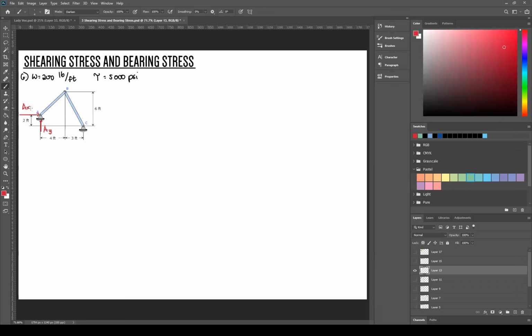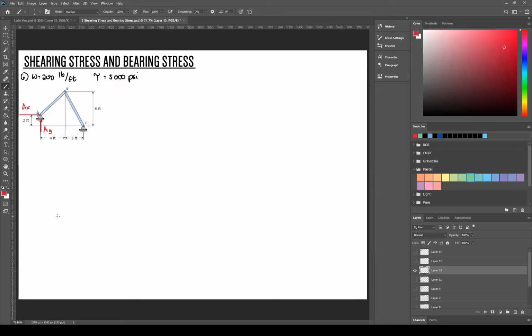Now, remember I mentioned before, to get the reaction at one support, you get moment on the other support. Now, if you do that here, moment at C, you'll see that AX has a moment about C and AY has a moment about C. That's two unknowns, meaning I can't directly solve for a reaction using that method.